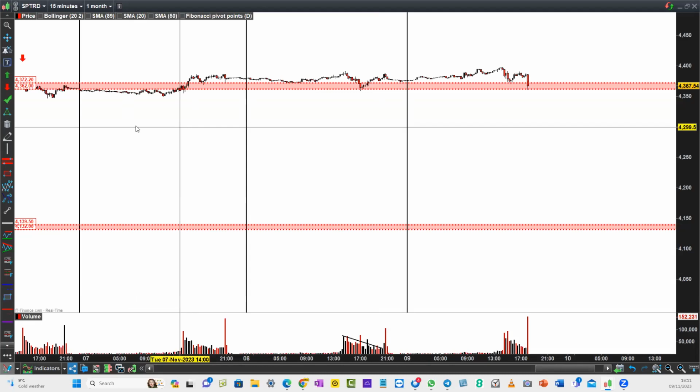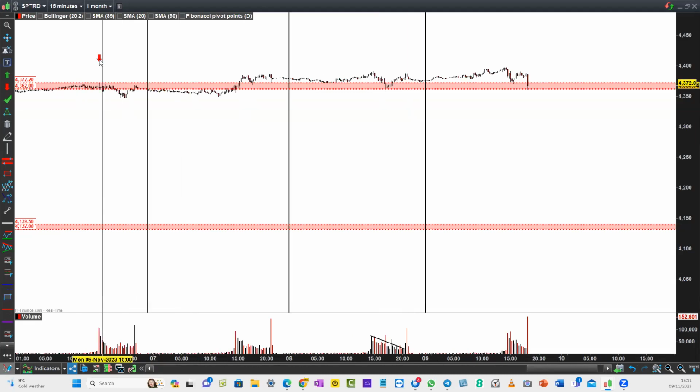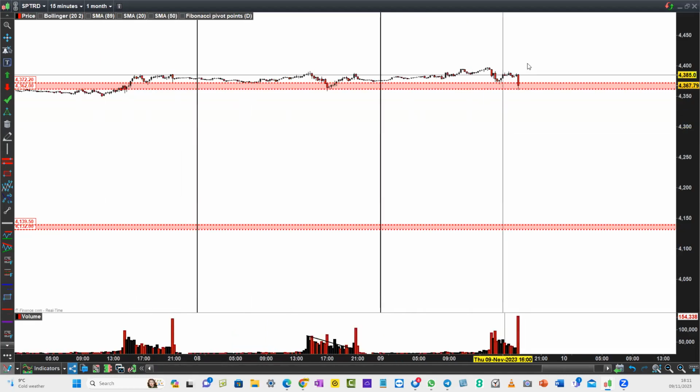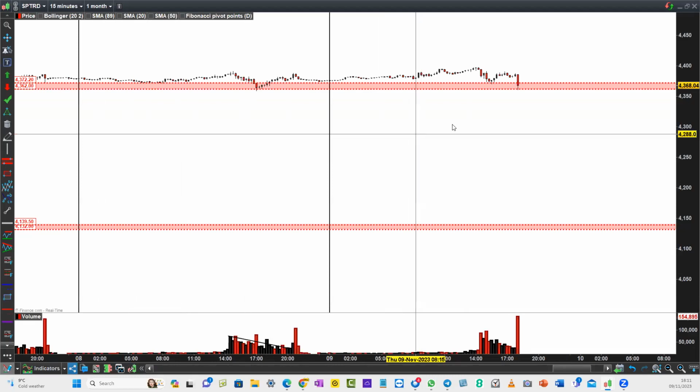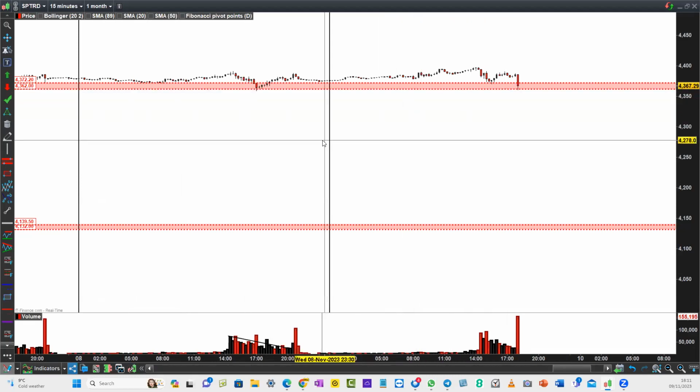So let's go back. So this is Monday on the left, underneath this red arrow. I had a good push up on Tuesday, repeated the exercise on the Wednesday, and we're doing the same thing today. I mean, this drop, this big red bar that we're just seeing formed, at the moment, all it's doing is falling back into the floor.